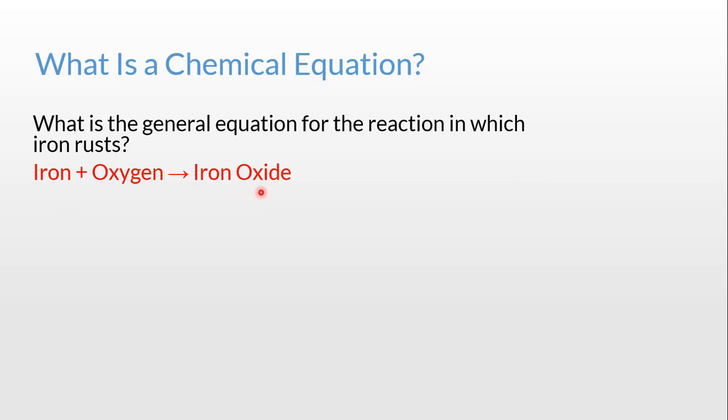The iron and the oxygen are the reactants. Then a new product, iron oxide, forms on the surface of the iron, that reddish-brown substance known as rust. So we combine iron and oxygen to form iron oxide.